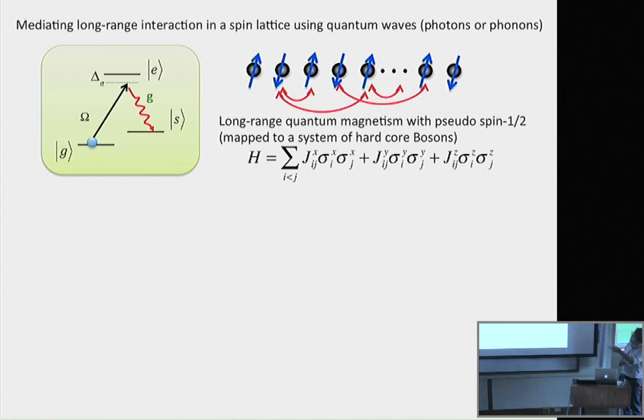But of course, engineering this kind of spin system is much more challenging because you really require the photon to stay in the cavity or the waveguide to mediate the interaction. So the cooperativity parameter is very important, and it typically needs to be much bigger than 1. This idea of using photons or quantum waves to mediate interaction is not new to atomic physics.